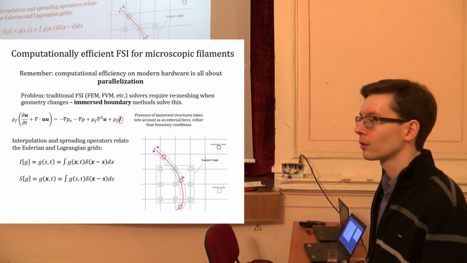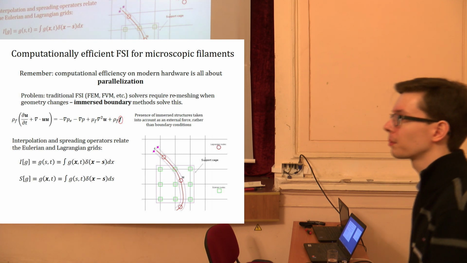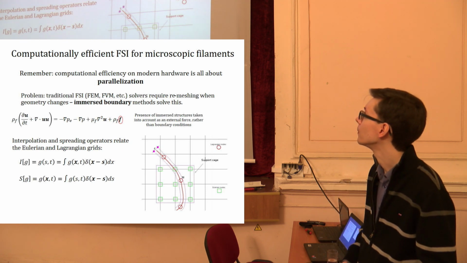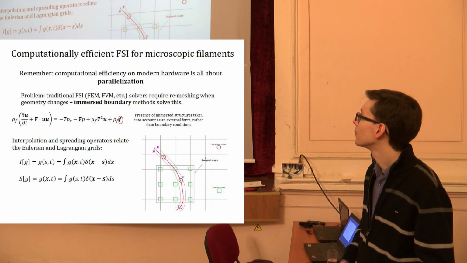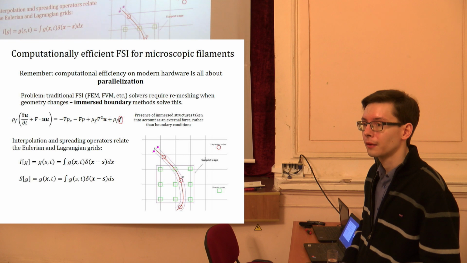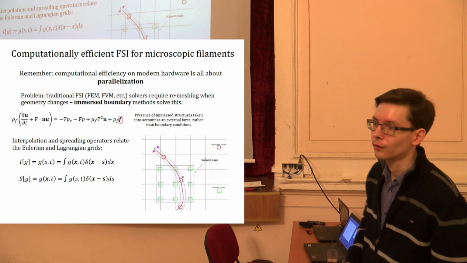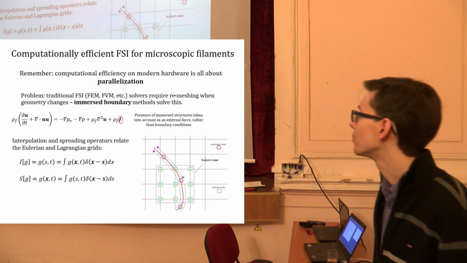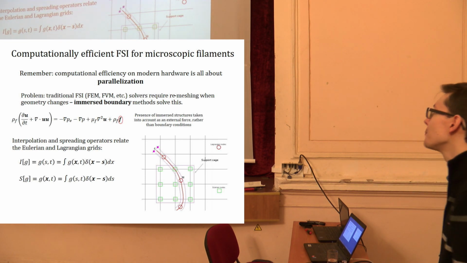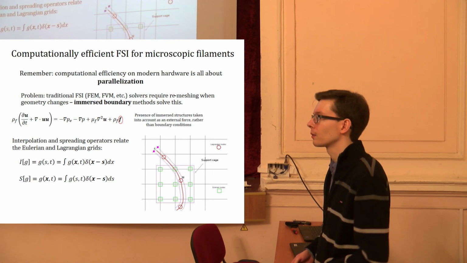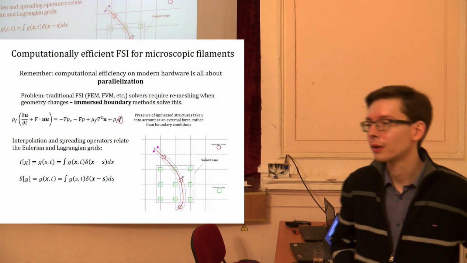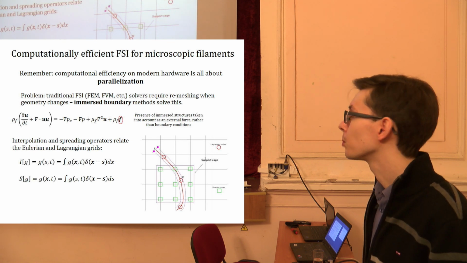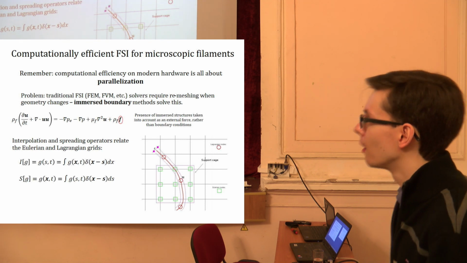Then again, conventional CFD solvers also have a number of problems when applied to situations such as these. The first of these is the need to regenerate your entire mesh if it changes substantially between each time step. That's an extremely severe efficiency limitation that can be circumvented by using so-called immersed boundary methods, invented by Charles Peskin in 1972 with the purpose of modeling blood flow in the human heart.